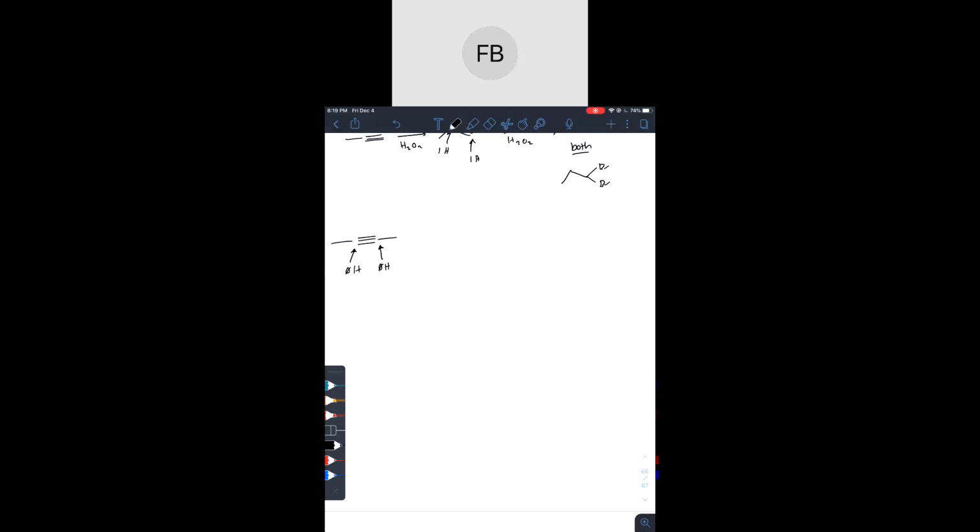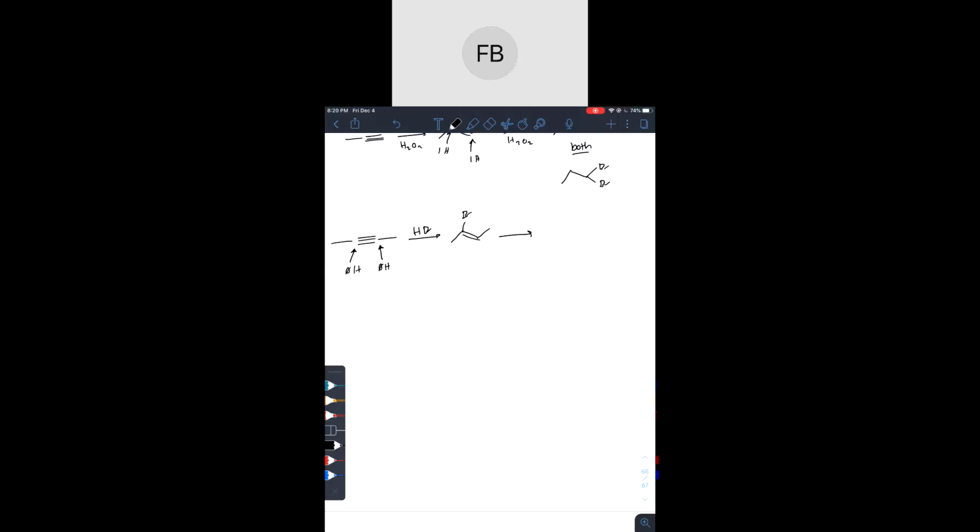So the first time you react it with HBr, it's going to be a double bond, and since there's 0 hydrogens on both sides, it's going to go to either one. So it'll just be a Br right here, or on the other side. Either would have been fine.